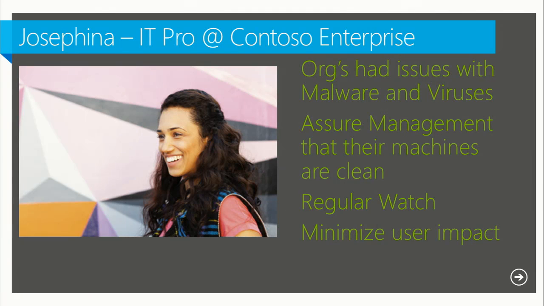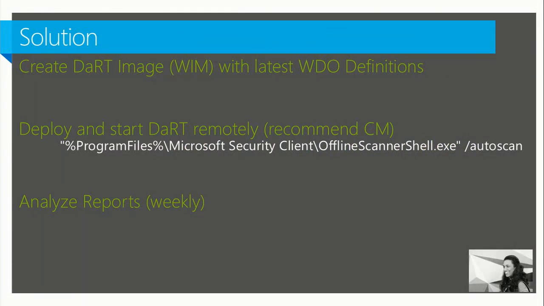So how can she figure this out? Dart has a solution. You can create a Dart image on a regular basis, automating it, that will contain the latest WDO definitions. You can then deploy that out to your network and cause Dart to kick off in an automated fashion. There's lots of different ways you can do it.